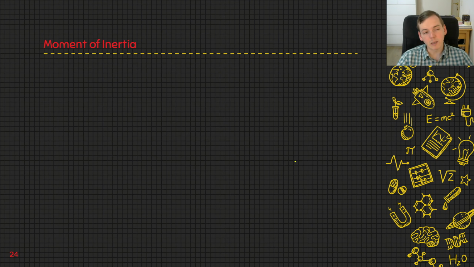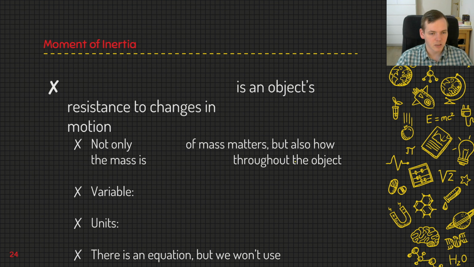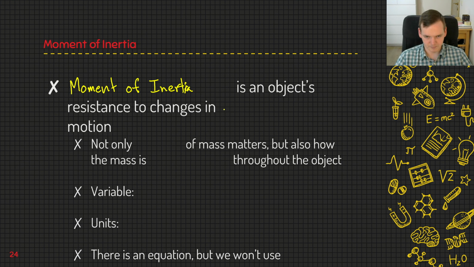So now if we talk about spinning, it's a little bit different. So the moment of inertia, and it's a phrase that we use kind of all as a collection here, is an object's resistance to changes in rotation or spin or rotational motion. We use the term angular.